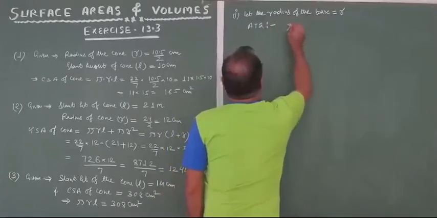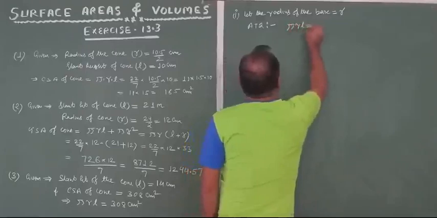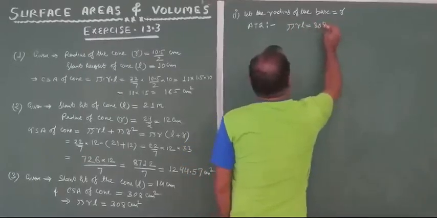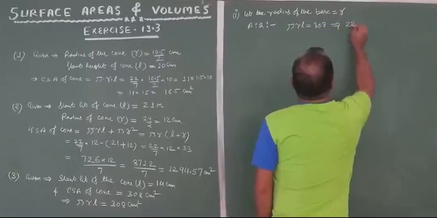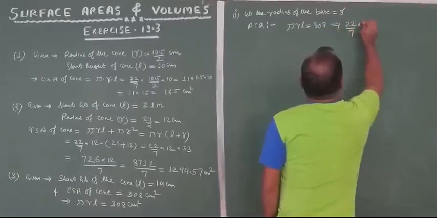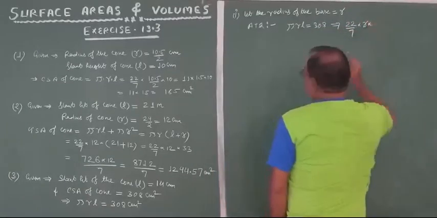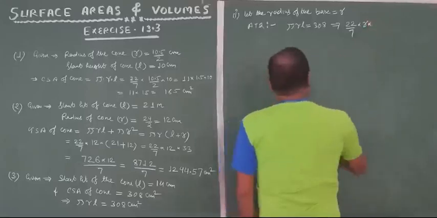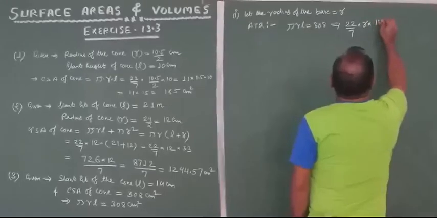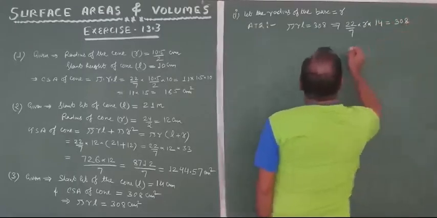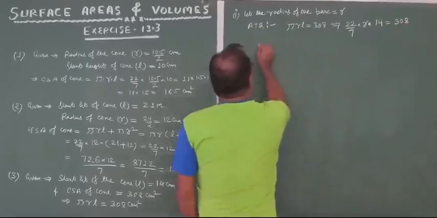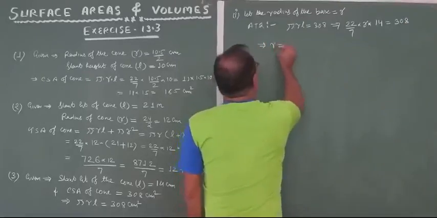That is pi into R into L is given 308. Just put all the values. Pi is 22/7 into R. The slant height is given 14 centimeter. This will become 308. From here, this R can be calculated.